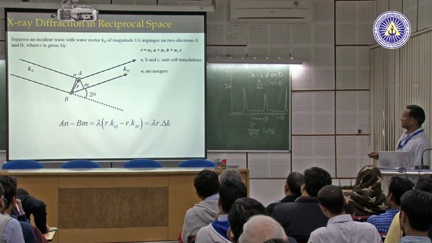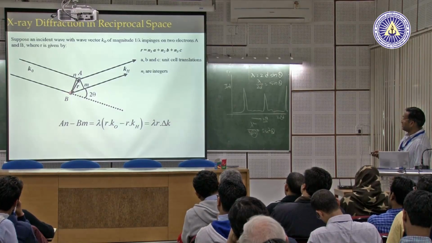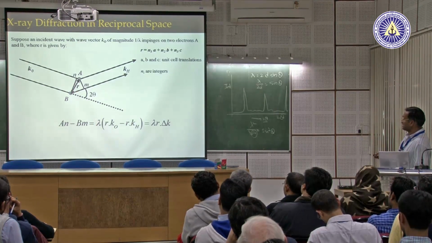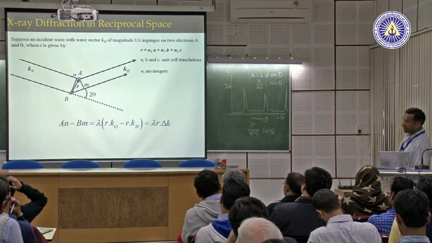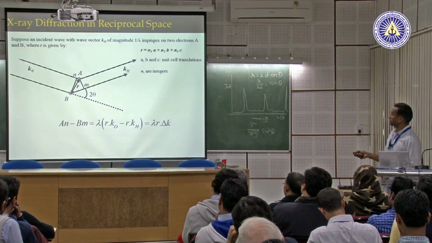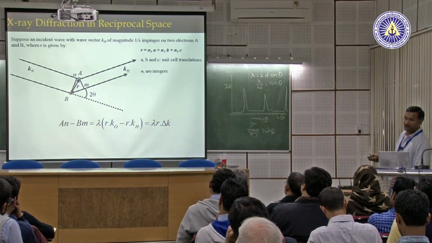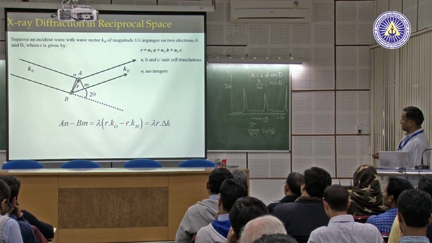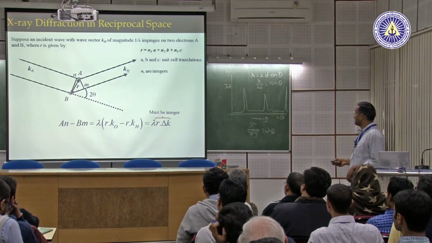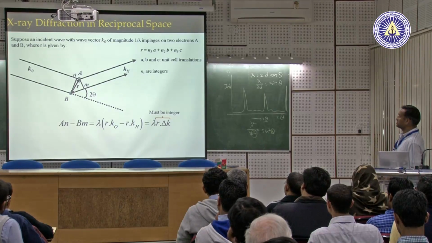If I say that the path difference here is AN, which is this segment, minus BM, then AN minus BM can be written as lambda multiplied by R dot k naught minus R dot kH. k naught is the incident beam wave vector and kH is the diffracted beam wave vector. And this I can write as lambda R dot delta k, and this must be equal to an integer.